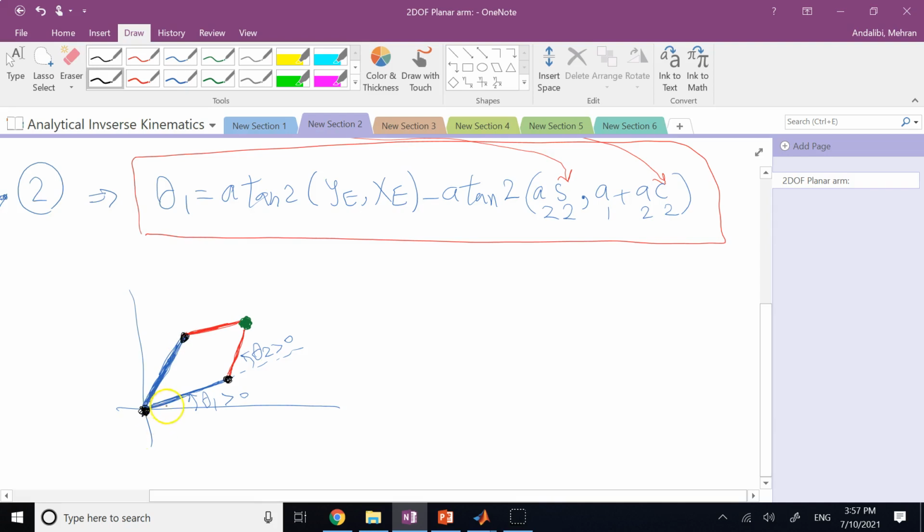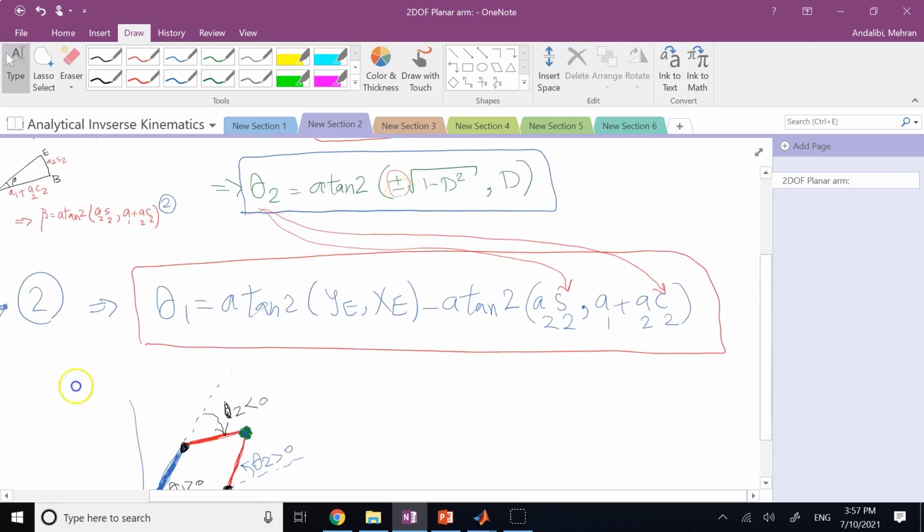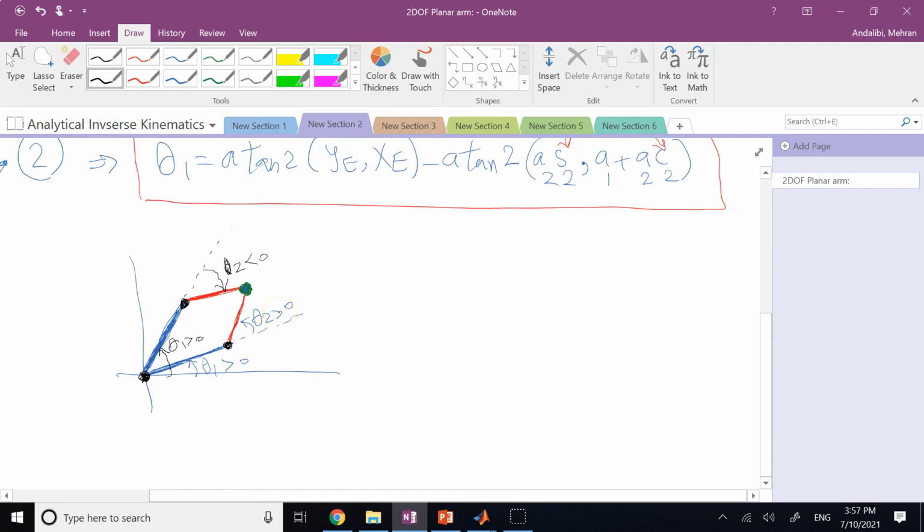Okay, where here, theta 1 is a bigger angle, positive. But if you look at theta 2, you have to extend member 1, and then from that, get back to member 2. Clearly, you see theta 2 here is what? Negative, clockwise. That corresponds to the negative square root.